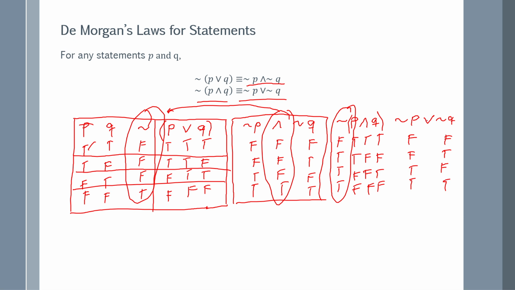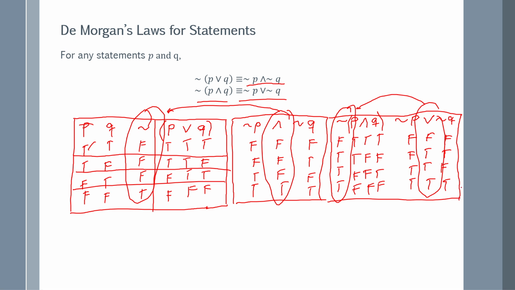For the disjunction, if one statement is true, the answer is true. So this is false, true, true, and true. Therefore, these statements are equivalent statements according to De Morgan's laws for any statements P and Q.